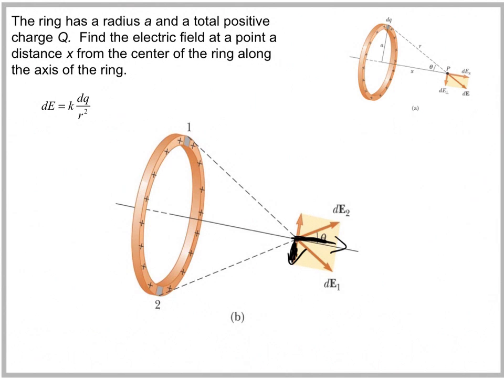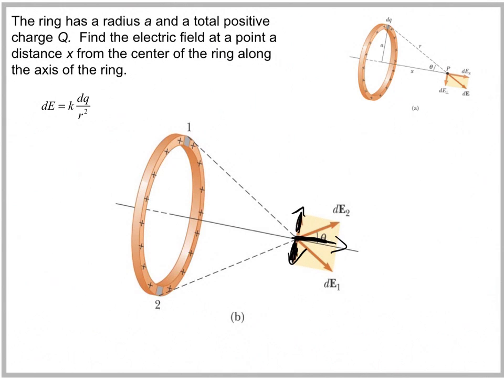Well, dE2 is also going to have a component along the axis, but it's got a component in this direction too. And these two are equal in magnitude and opposite in direction. So the perpendicular part of the electric fields cancel out, and that's going to be true no matter what 2 points I choose as I go all the way around the ring.